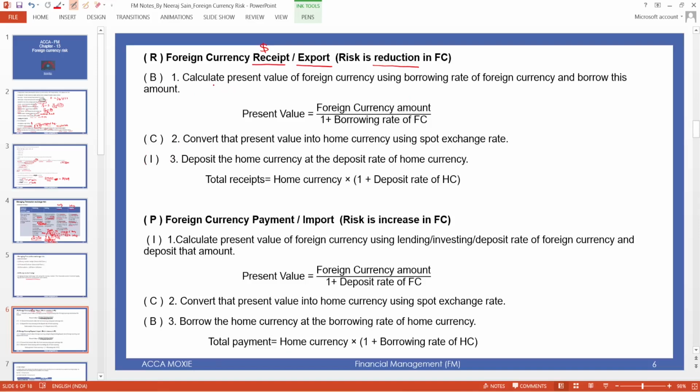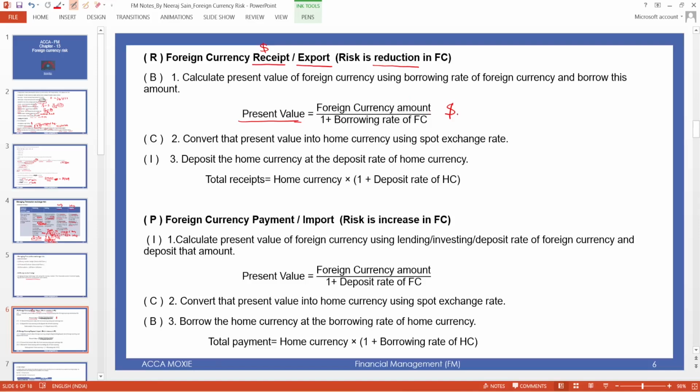So we have to calculate the present value of the borrowing. How much amount we have to borrow, that amount we have to calculate in present value terms. This borrowing rate is the borrowing rate of the foreign currency, and the amount you will get is in dollar.